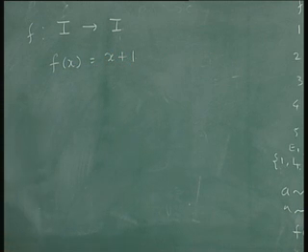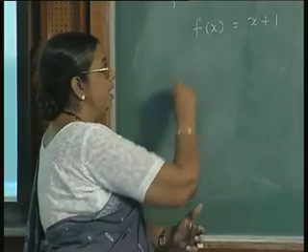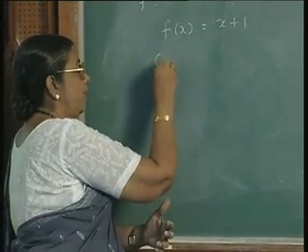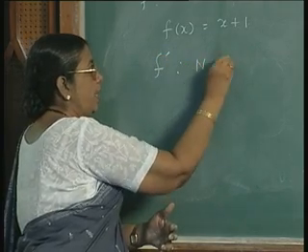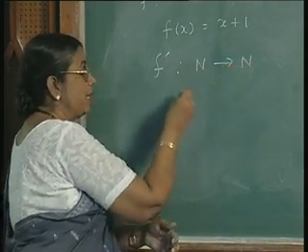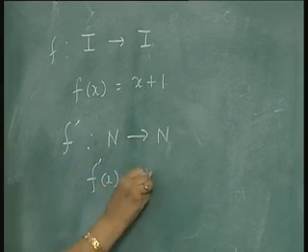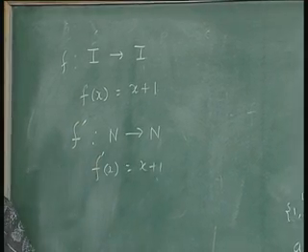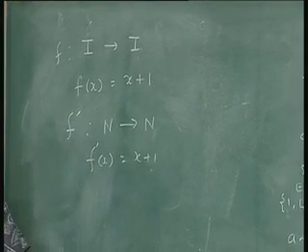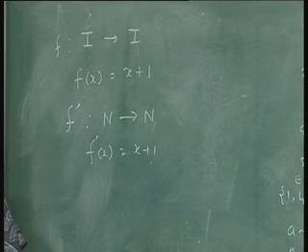This is a function from integers to integers, but if I restrict the domain to non-negative integers, I define f dash. This is from non-negative integers to non-negative integers, but you define the same one, f dash of x is equal to x plus 1. This is the same as f of x as far as the non-negative integers are considered, but you are not considering the whole domain, you are considering only a subset of the original domain.